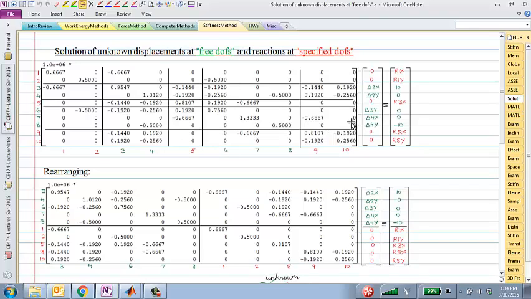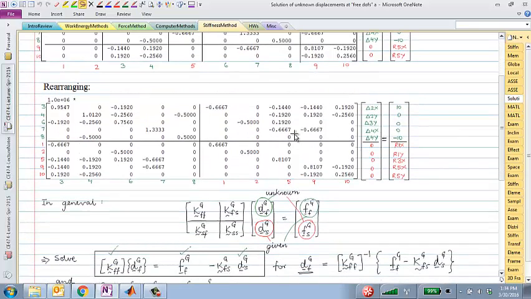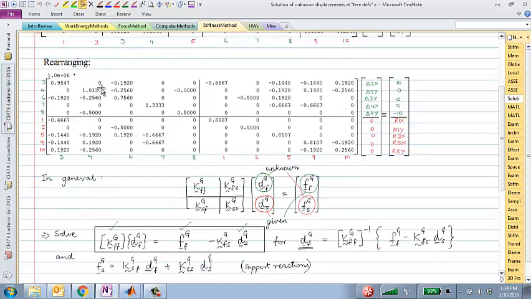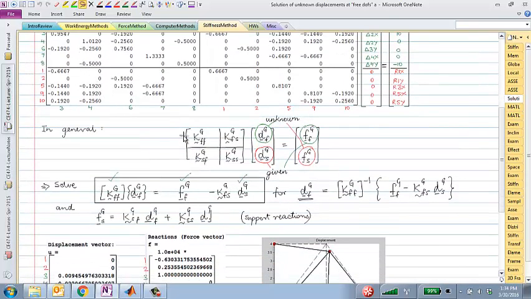So we went through all of that last time, and we said that we can divide that system up into free degrees of freedom, where the displacements are unknown, and specified degrees of freedom, where the reactions are unknown. Once you divide the system up into these two parts, you can represent that system in these two block equations.